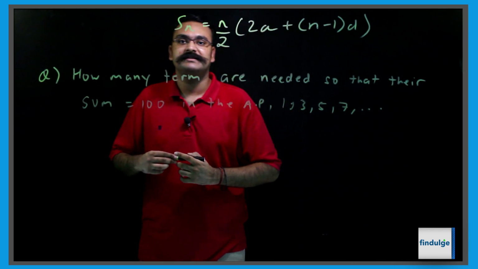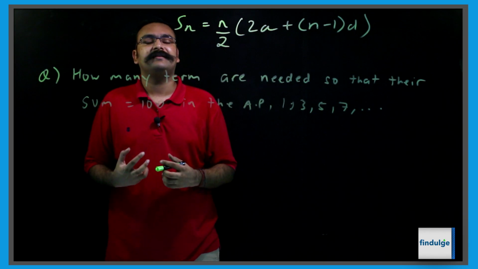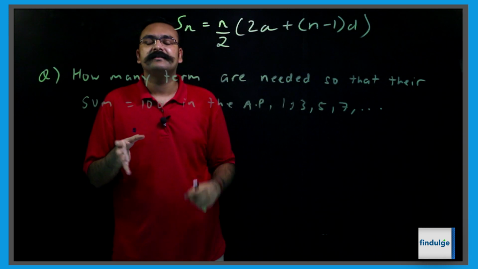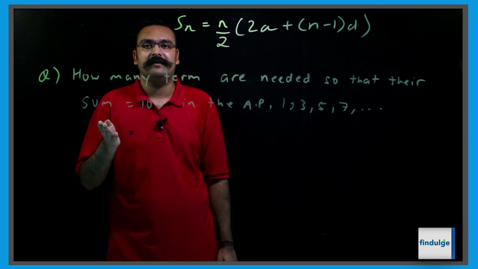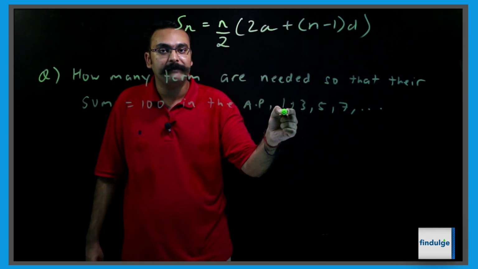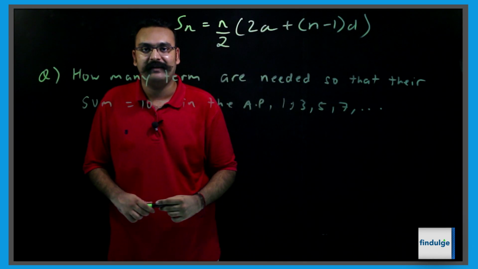Now we know that the answer to this question is 10, but let's see how we would find it if we don't know it beforehand. So the idea is they basically want you to find n. They've given you S of n, they've given you your AP, so you have your a, you have your common difference, you need to find n.